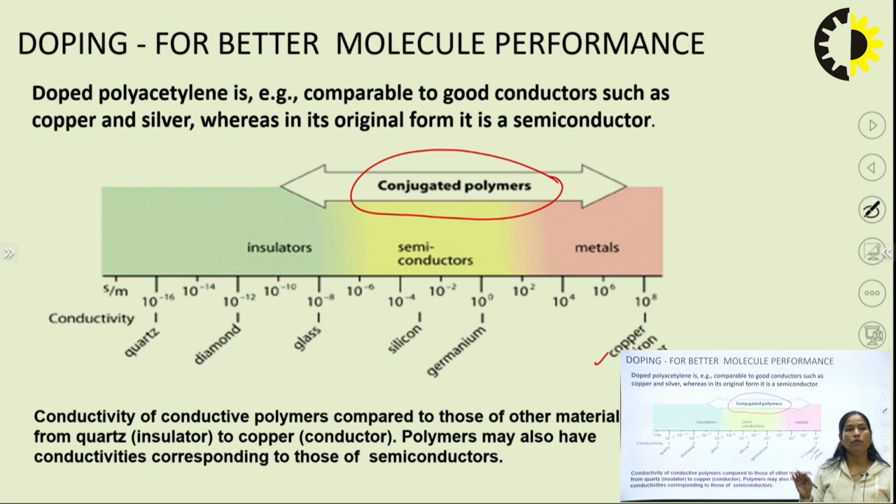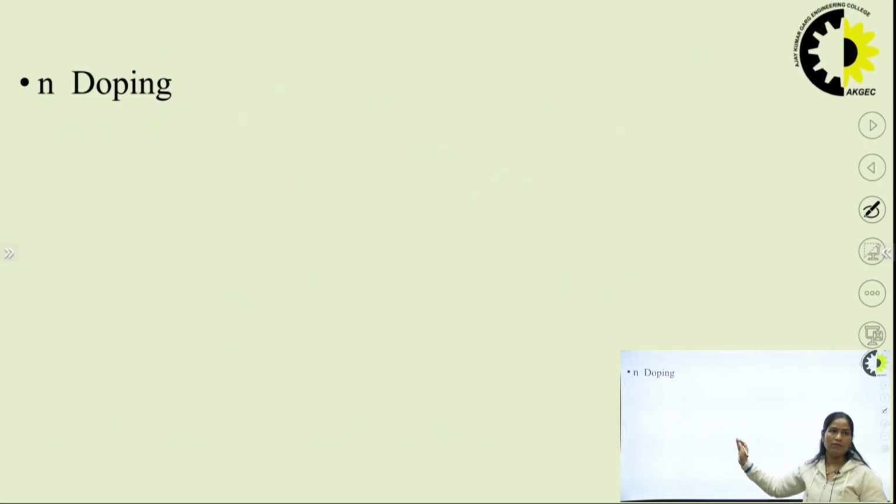The conductivity of the following polymers, once doped, is comparable to a semiconductor. If we take the example of polyacetylene and dope it with the iodine molecule which we just discussed, doped polyacetylene conducts just like a metal. Originally it is semiconductor in nature prior to doping, but after doping its conductivity can be comparable to metal itself.